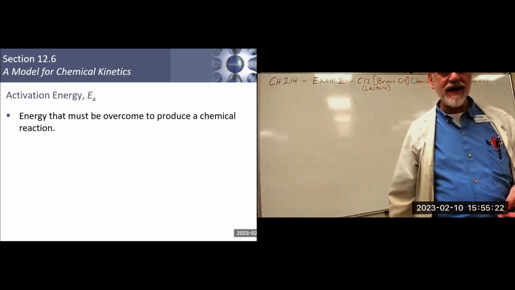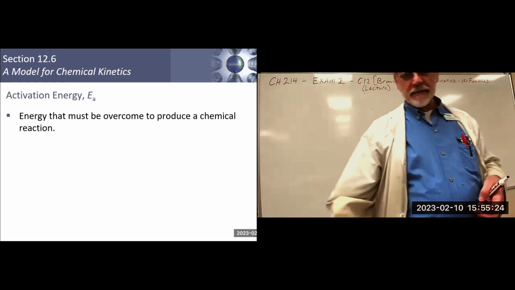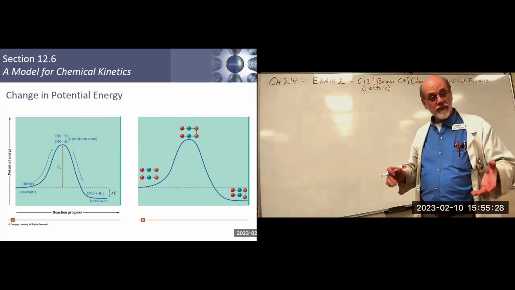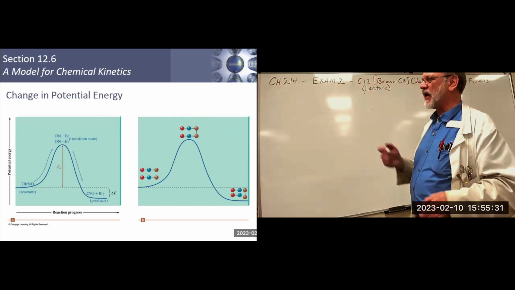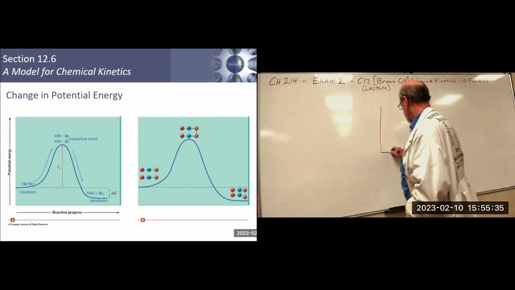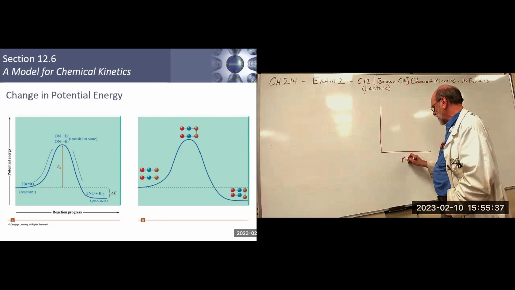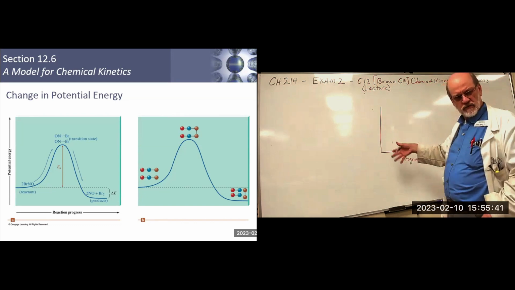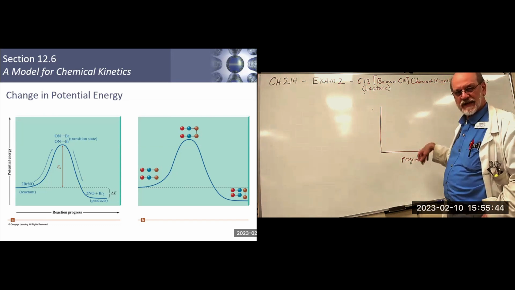So what do we mean by activation energy? Well, this graphical representation helps. That's kind of a small picture. So this is reaction progress. So it's roughly equivalent to a time scale.